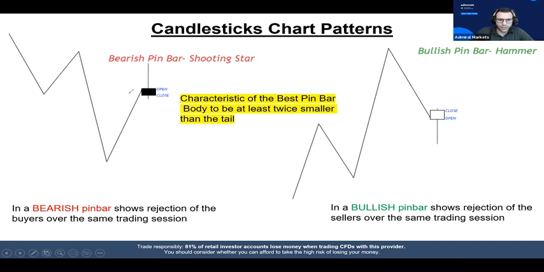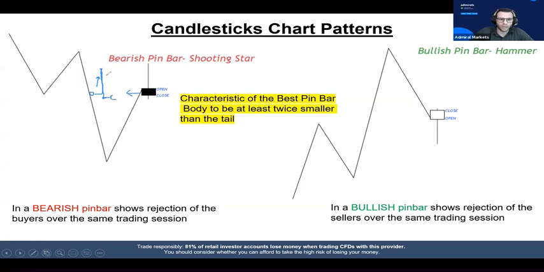This bearish pin bar can be drawn in a bar chart like this. The open is here. The market starts trading to the upside, so the buyers are in control. Let's say we are watching daily charts. Then during the same day, at some point, the sellers stepped in, they reversed 100% of the move, and they close here. So here it's the open and here it's the close.